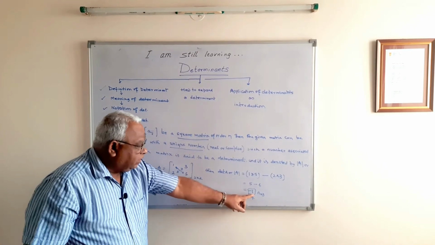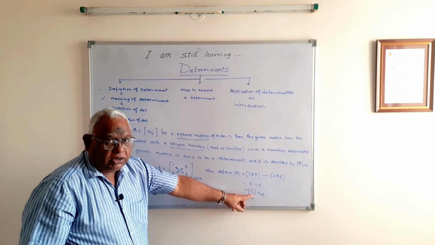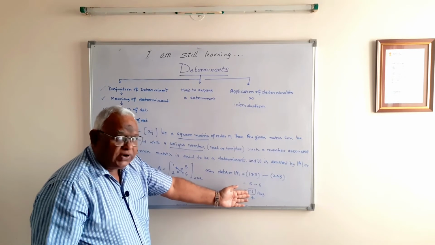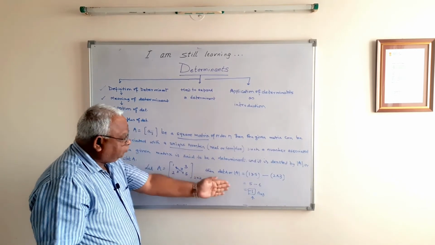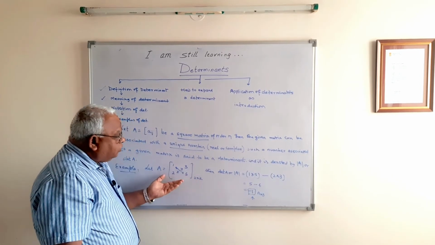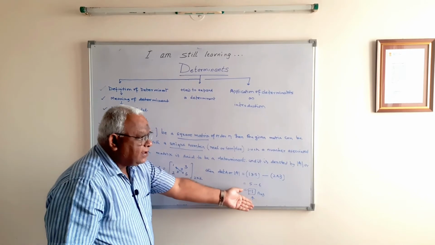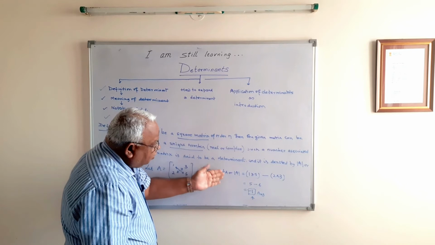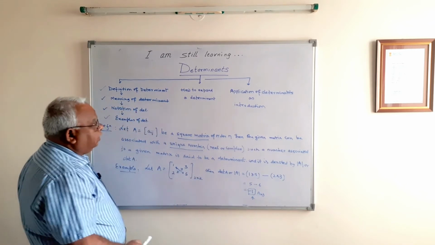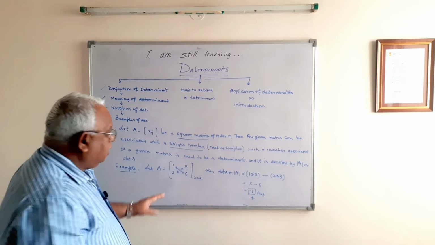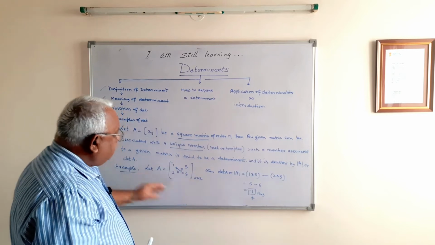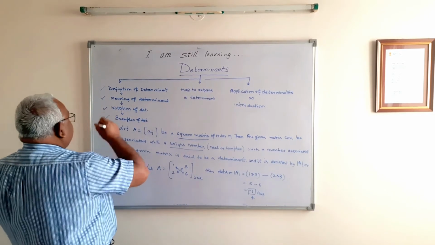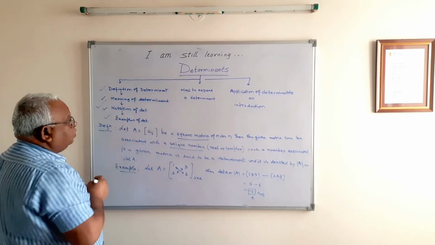This is a unique value, unique number, which may be real or complex. This is a real number. So the determinant value of this matrix is assigned by this value minus 1. So that is called determinant of A. Right. So this whole part is over, right?